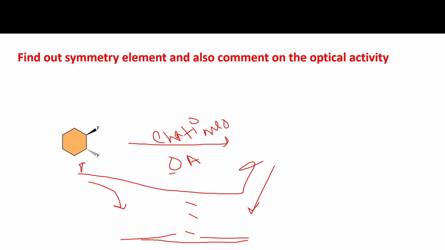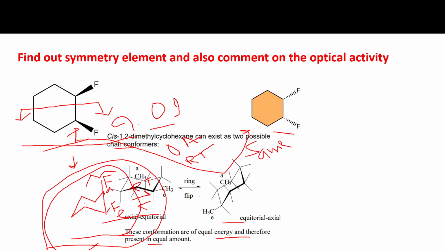Because when you talk about a chiral molecule, the optical rotation should be positive or negative. If the two conformations are present in equal amounts, and the rotation of one is plus 50 degrees and the other is minus 50 degrees, then the overall net rotation is 0.